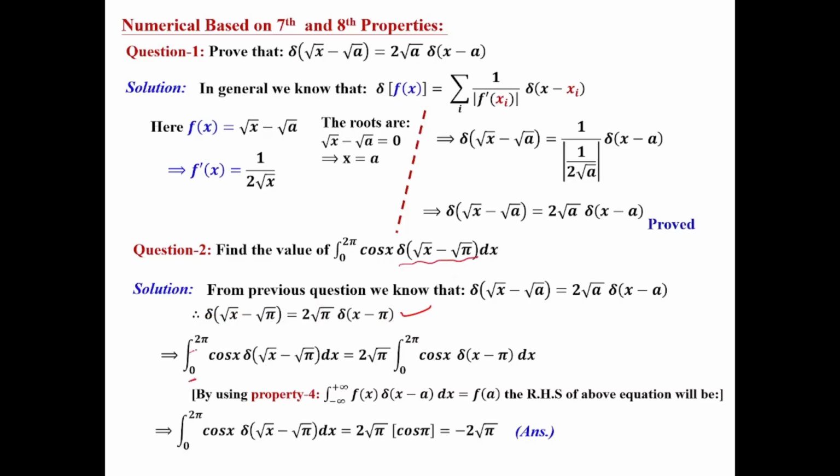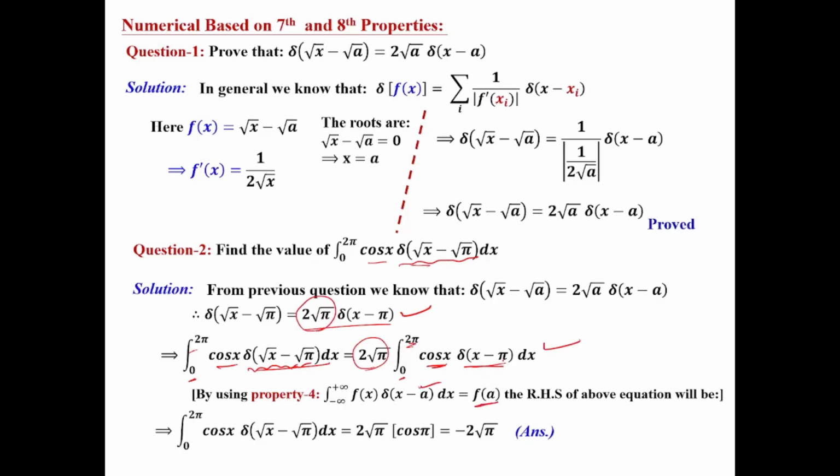Now we substitute this over here. The integral from 0 to 2 pi of cos x delta of root x minus root pi is nothing but this one. This value is a constant, taken outside of the integration, so 0 to 2 pi cos x delta of x minus pi dx. Now we are going to use the fourth property, f of a.